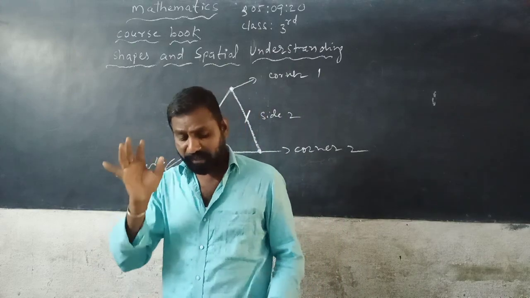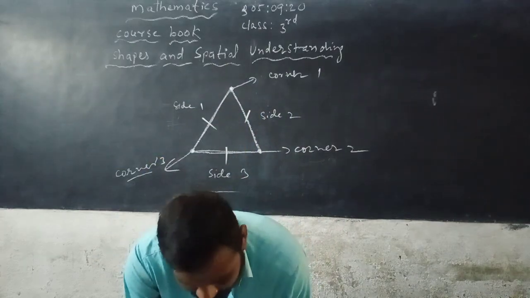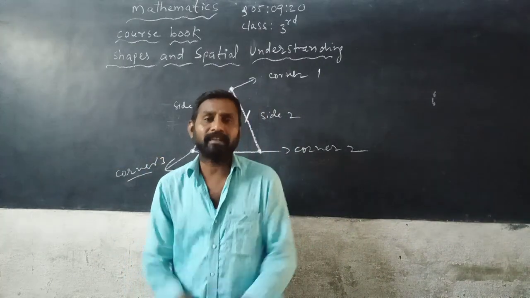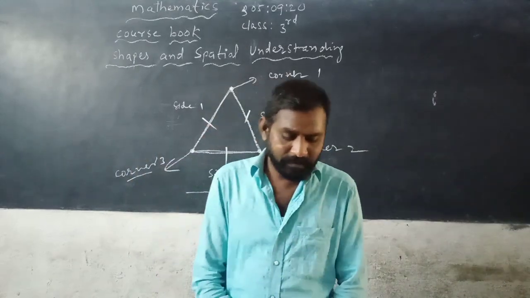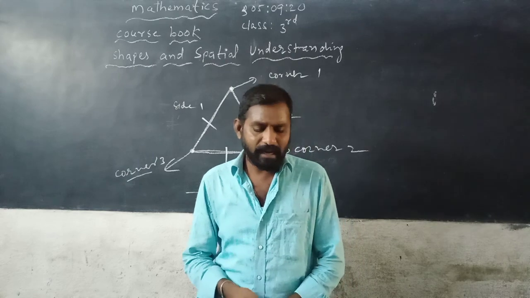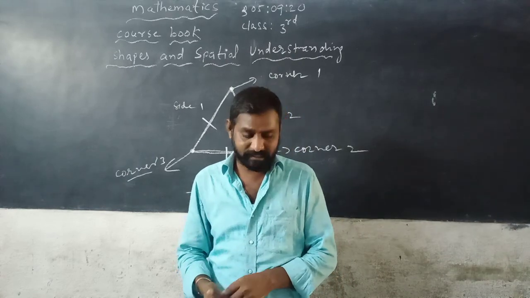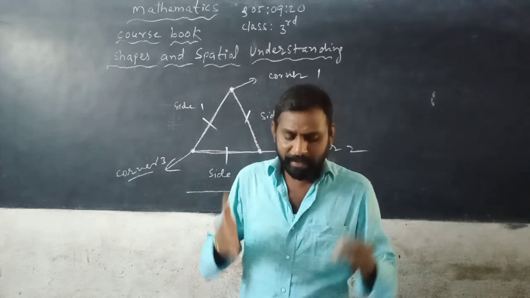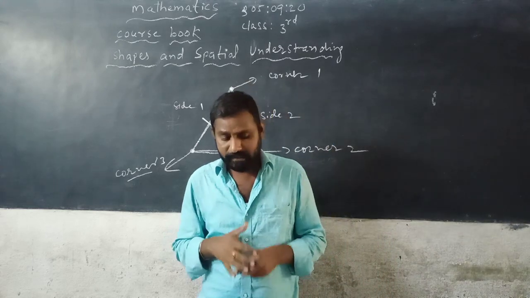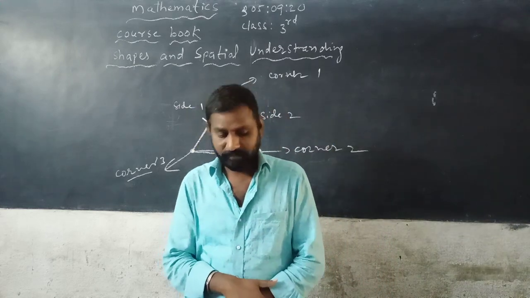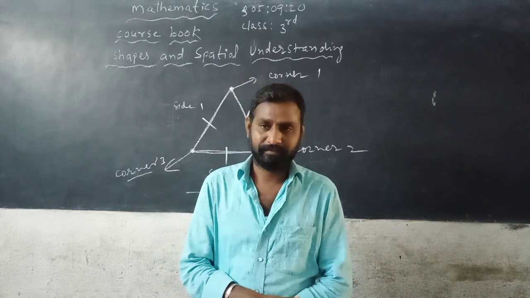Everybody listen carefully. Already I have explained about triangle, rectangle and square, once again. Let us discuss the sides and corners of plane figures. Plane figures are also called plane geometrical shapes or geometric shapes.